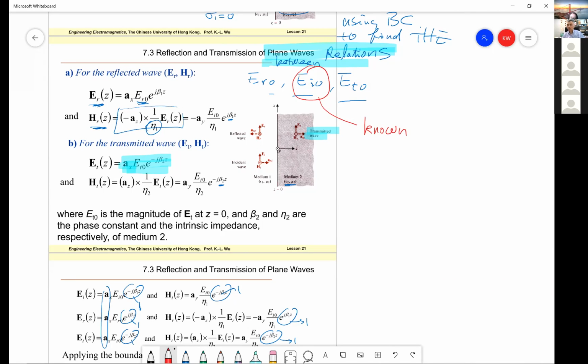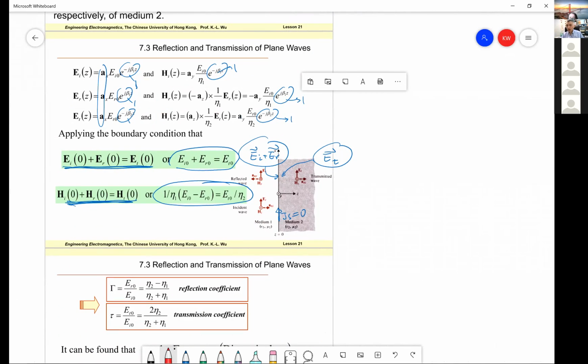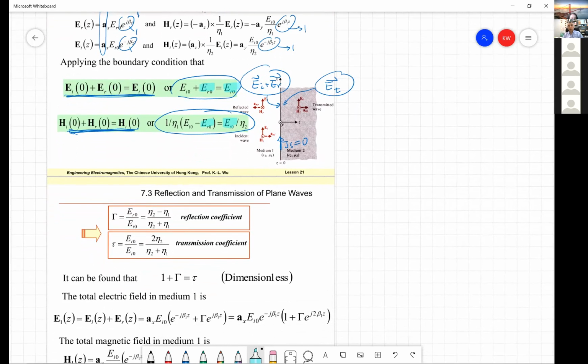So we have 2 unknowns: one is the reflected wave, one is the transmitted wave. We have 2 equations, 2 unknowns. Then we can find out the relation.